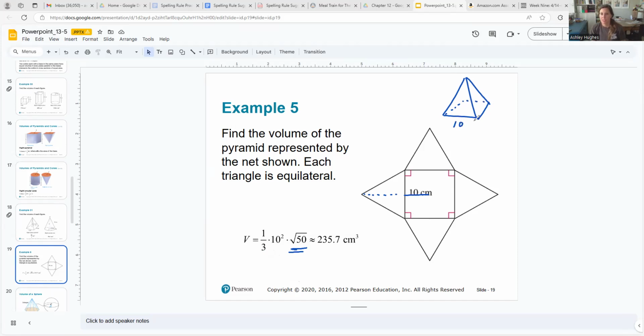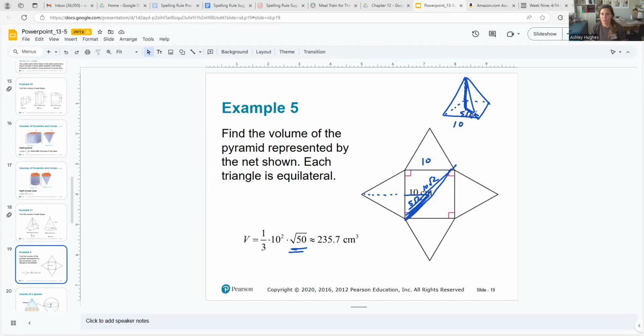Okay, so here's my 10. I want to know what this is right here. So we need to figure out what. Okay, now this is 10 and this is 10. This is 10 root 2. This will be 5 root 2.